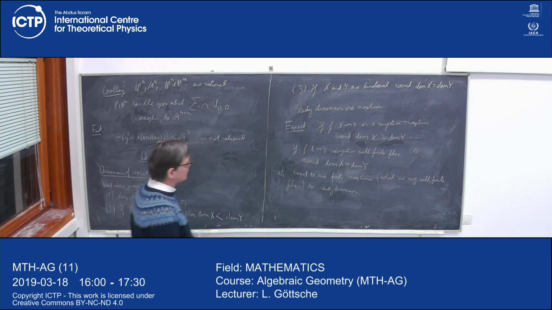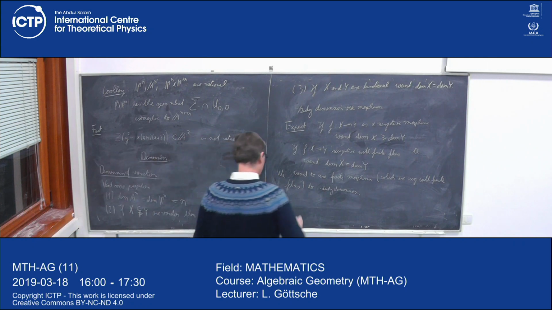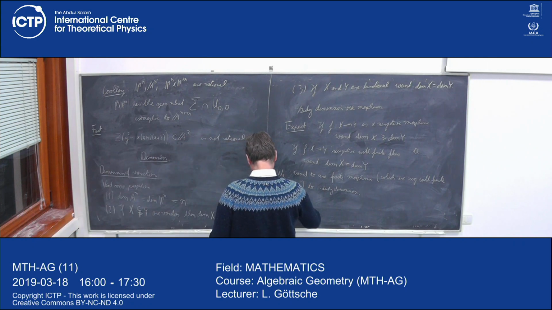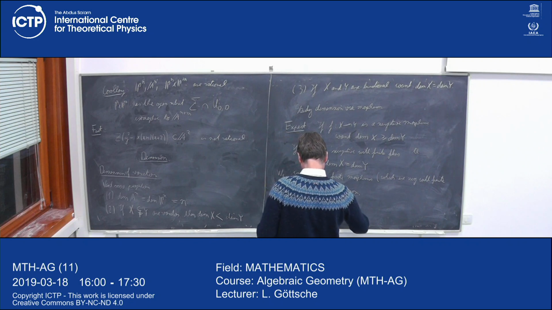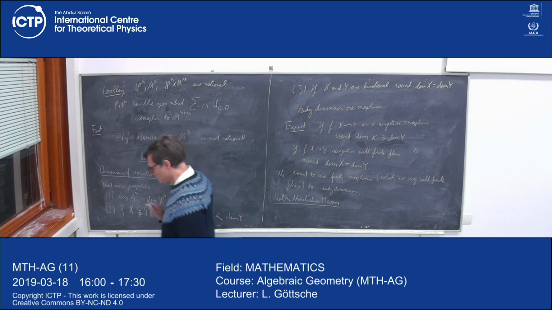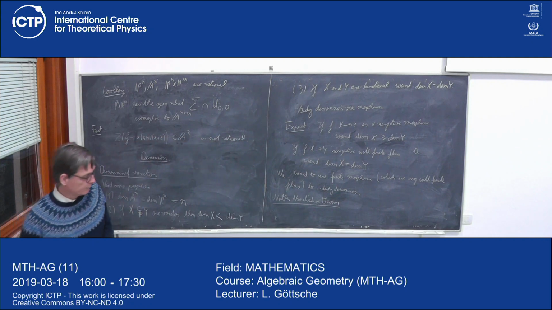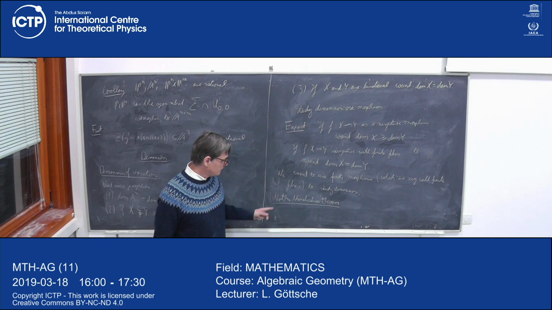And then one of our main tools will be the so-called Noether normalization theorem. So after, again I think, Max Noether, who I hope is correct, was the father of Emmy Noether.